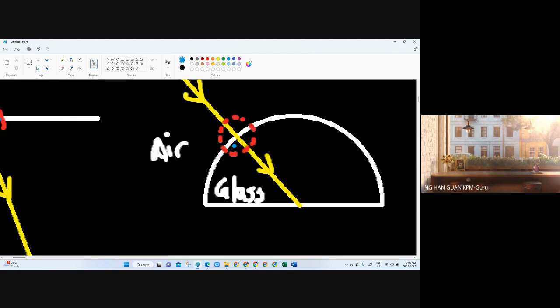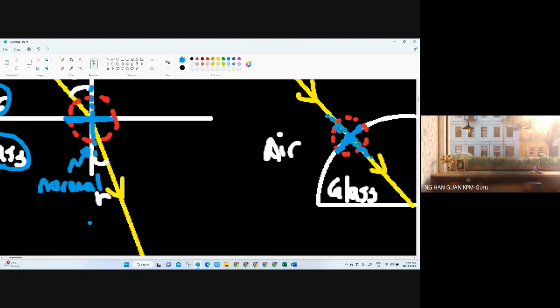And now here is our borderline, so the normal line will be here. This is our normal line. So it means that our light is actually traveling parallel with the normal line. Just like a case like this.